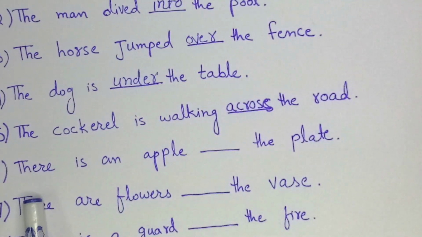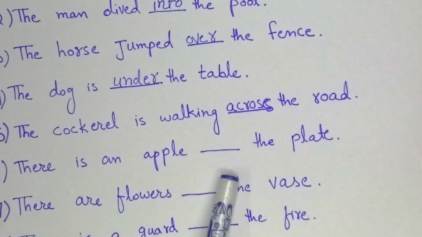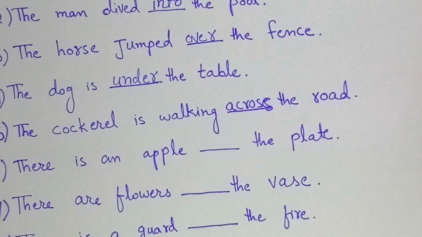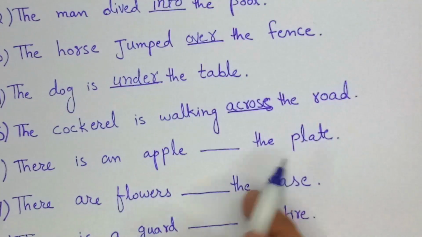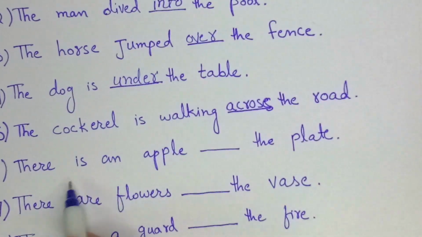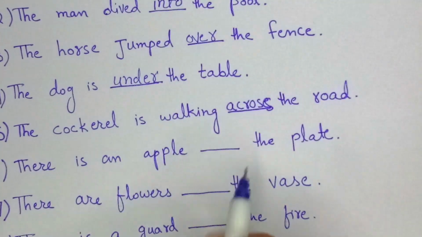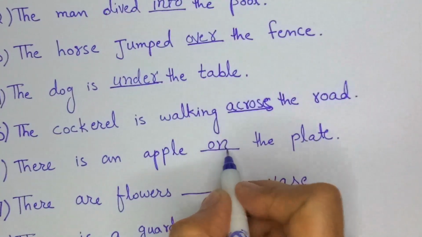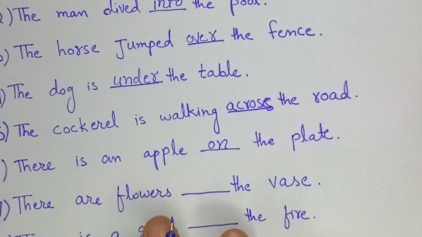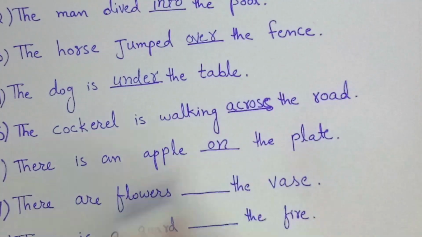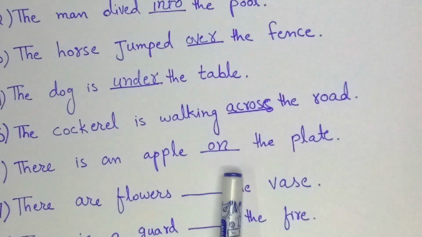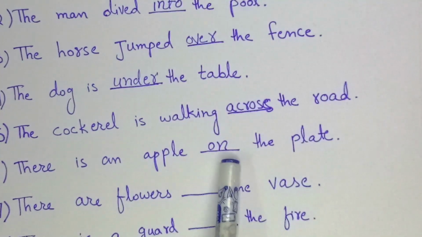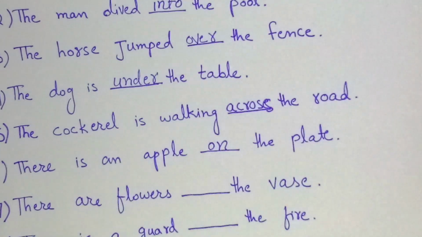Next we have, there is an apple dash the plate. So what do you think? We'll have in the plate or we'll have on the plate? Yes, we will write there is an apple on the plate. So now let's see what is the basic difference between on and in. In is used in a situation when something is enclosed or surrounded by something else, like in her room, in her class.